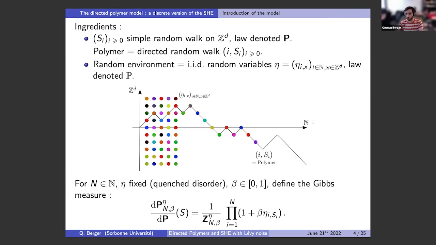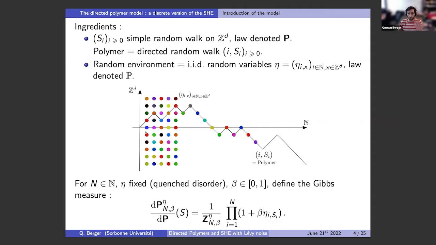Exactly. So you have one deterministic direction, which we can think about as time, and the transverse direction is space. Every time goes up by 1, but in space you fluctuate. Okay, thank you.